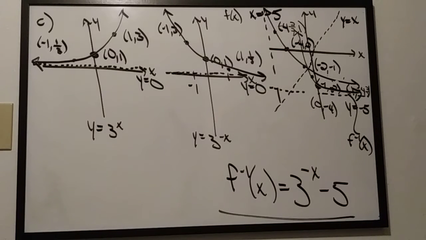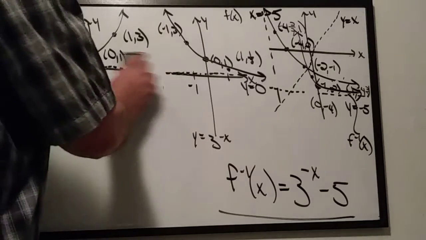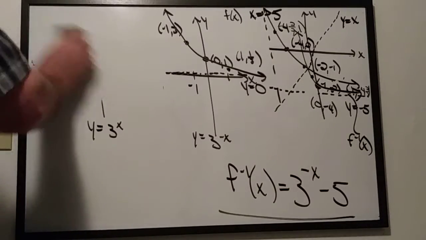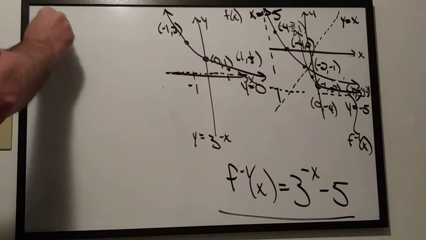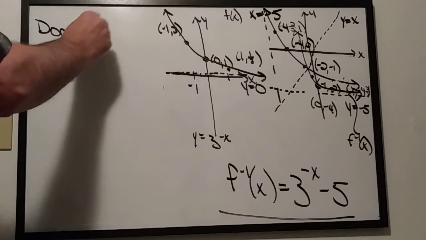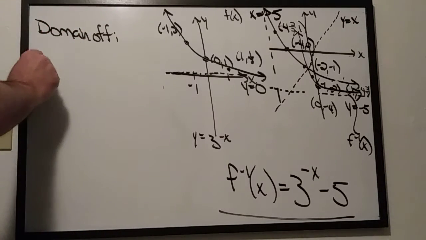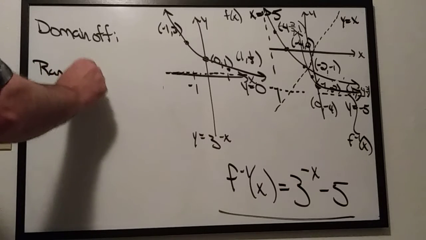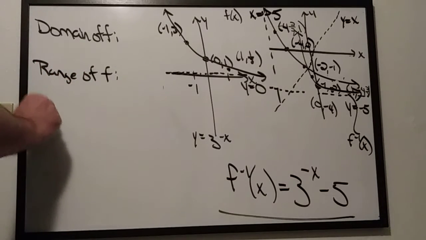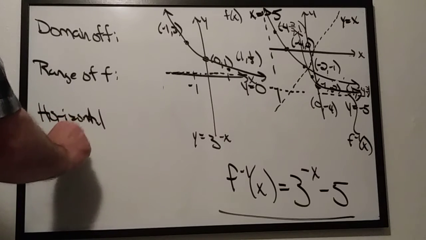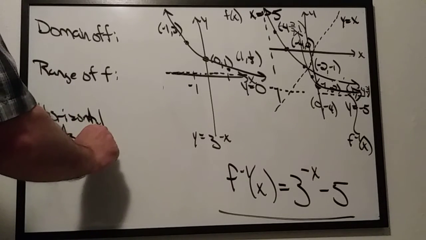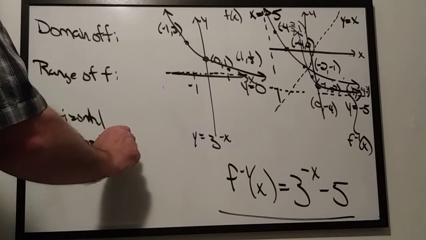The final pieces of information on this then are to think about the domain and the range and the asymptote for our graph of f inverse. So let's go ahead and finish off the problem and write down the domain of f, the range of f, and the horizontal asymptote for f inverse.